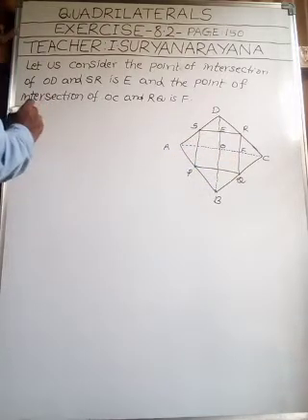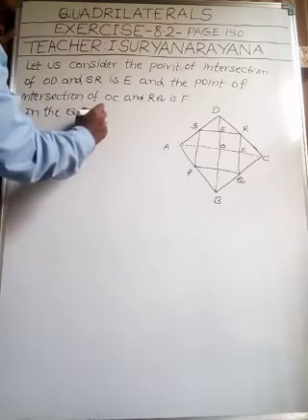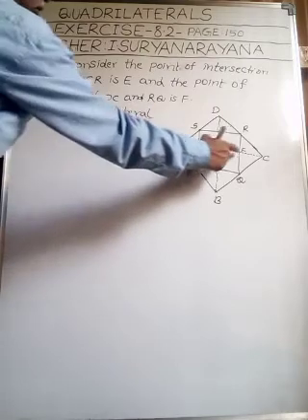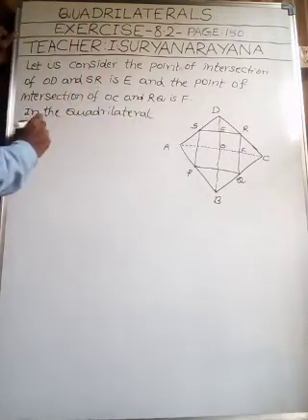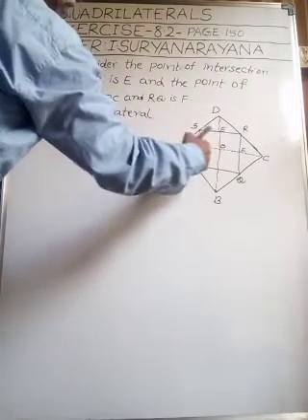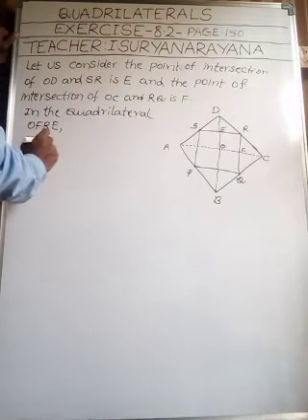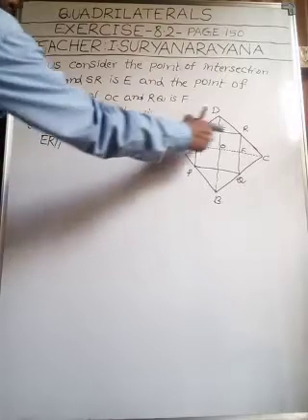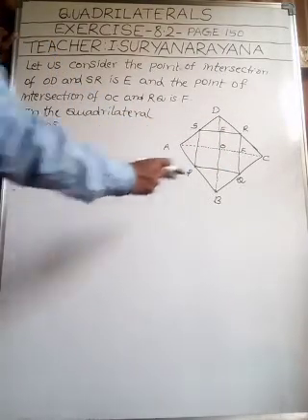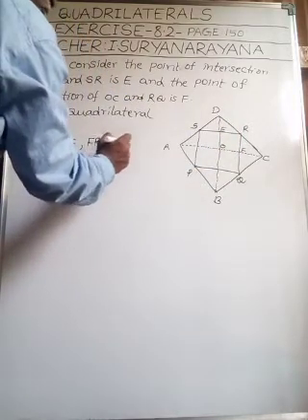In the quadrilateral OFRE, we have already proved AC is parallel to SR. Okay, my children. ER is parallel to OF. FR is parallel to OE.